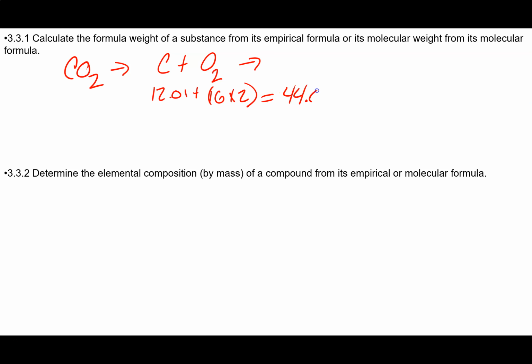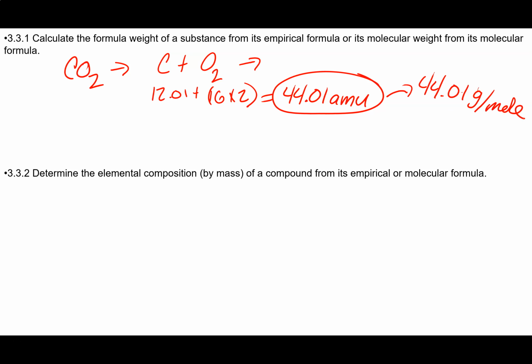It's going to give me a mass of 44.01 AMU. And later on in this chapter, we'll also say that we can say that's equal to grams per mole as well. So this is our molar mass or our formula weights. They are identical, except that their units are different. The process to calculate them is identical. Their units are just different ones.